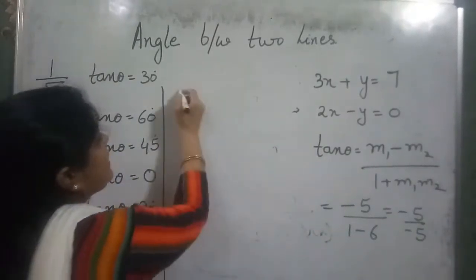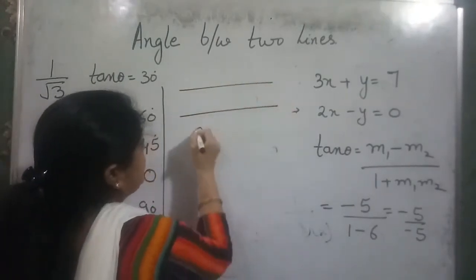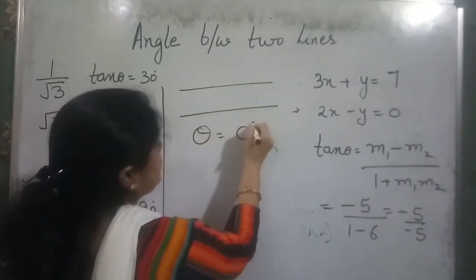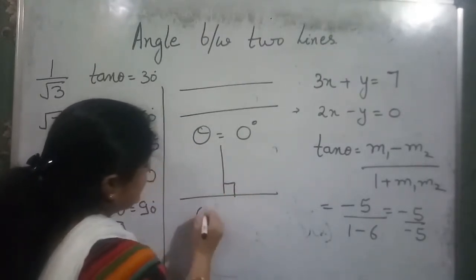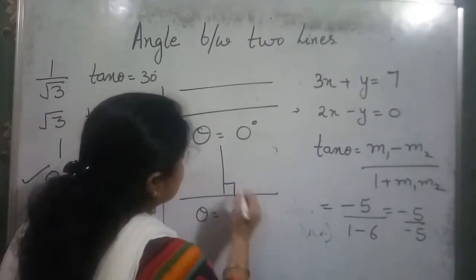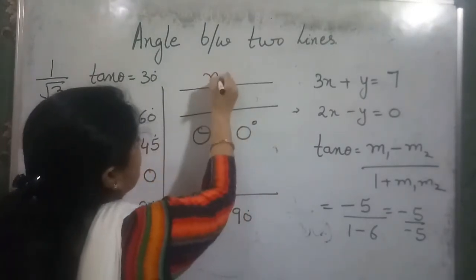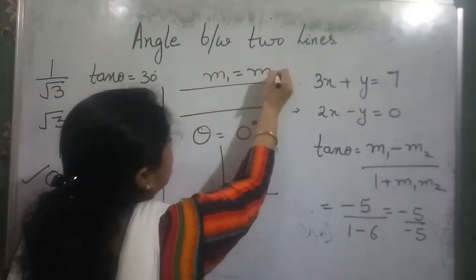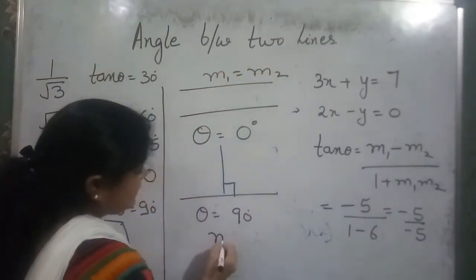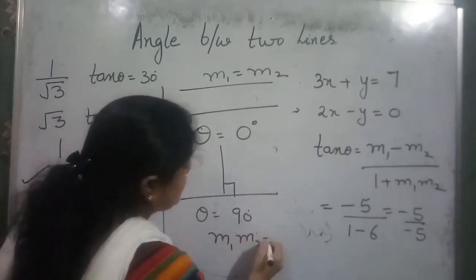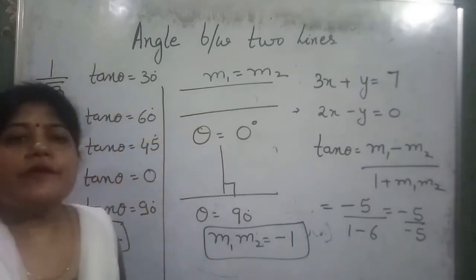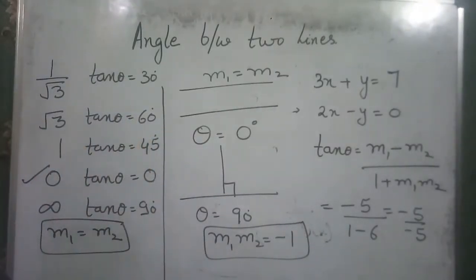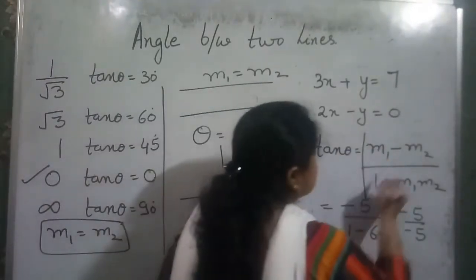If two lines are parallel to each other, then the angle between them is 0 degree. And if two lines are perpendicular to each other, then the angle between them is 90 degree. So when it is 0, then m1 is equal to m2. And when it is 90 degree, then m1 into m2 is equal to minus 1. Okay. So in this way we can find the angle between the two lines, and we always take the mod value of this.